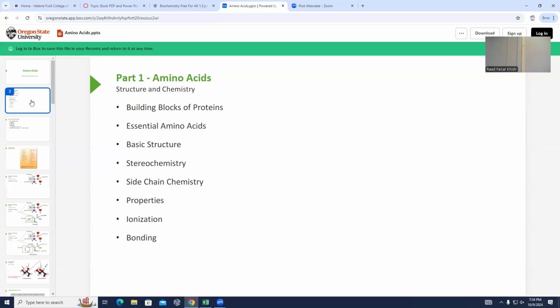Polymer. The polymer is connected like a train. When it was not connected, it was monomers separated. Now they're ganged together. They're connected.